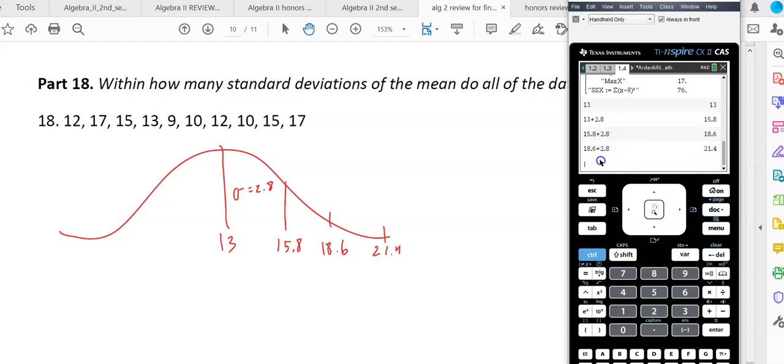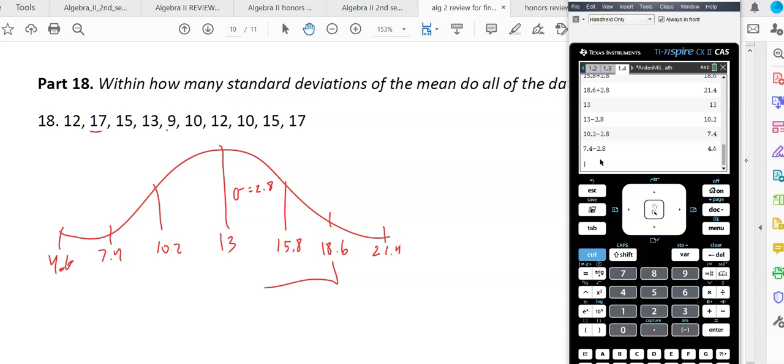And then in the other direction, 13 minus 2.8, so 10.2, 7.4, 4.6. I'd be surprised if any of these values are more than 3 standard deviations, so you stop at 3. So the biggest number looks to be 17, which is inside of 2 standard deviations.